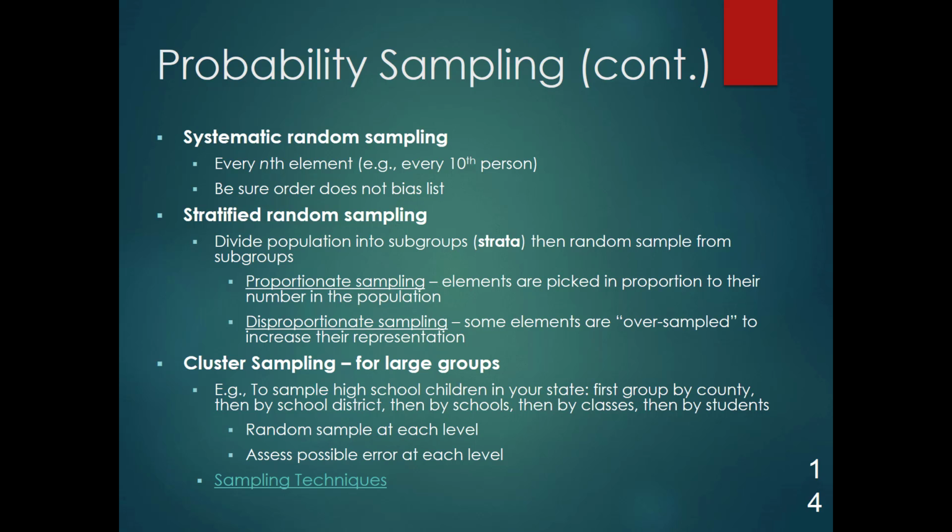So some elements are oversampled to make sure that their representation is increased. Disproportionate sampling is used when the number of elements with certain characteristics is so few in the population that we need to oversample them to make sure we have an adequate number of subgroups to compare.